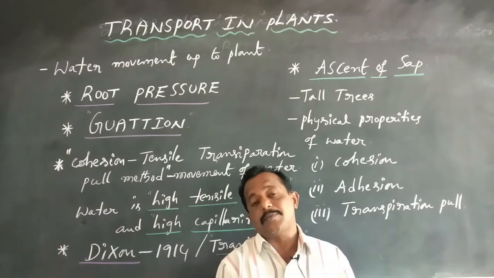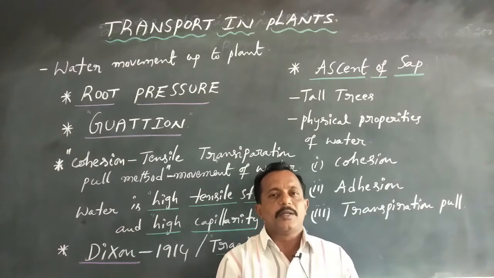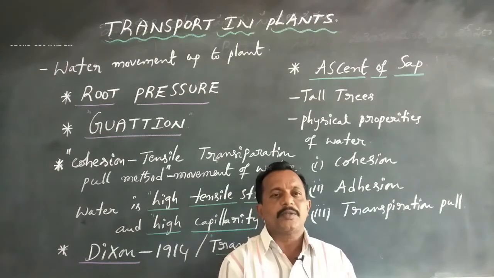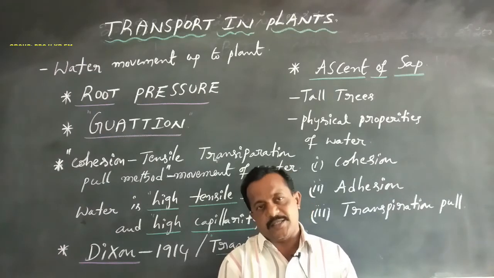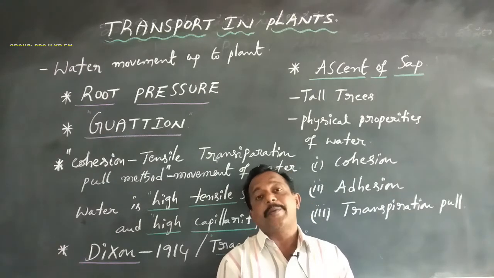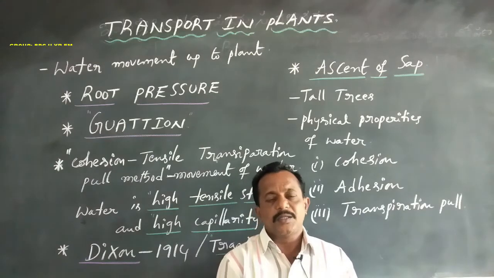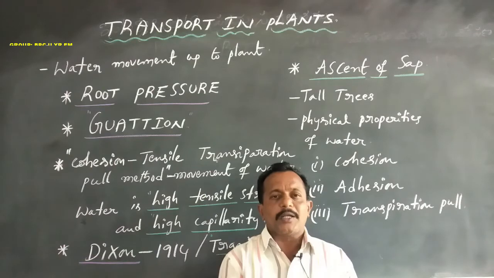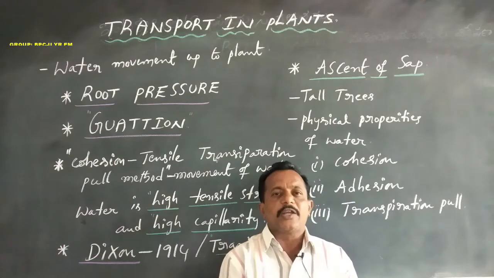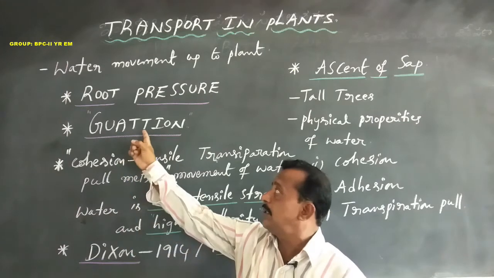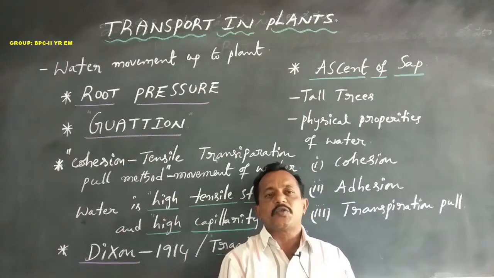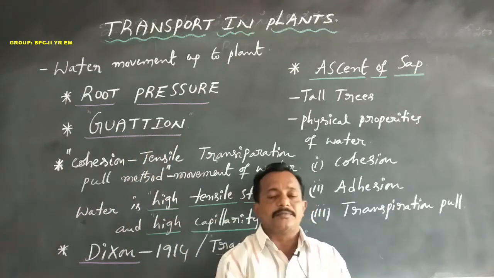This is shown in grass plants and the leaves of many herbaceous plants. Dear students, the loss of water in its liquid form or liquid phase is also called guttation.